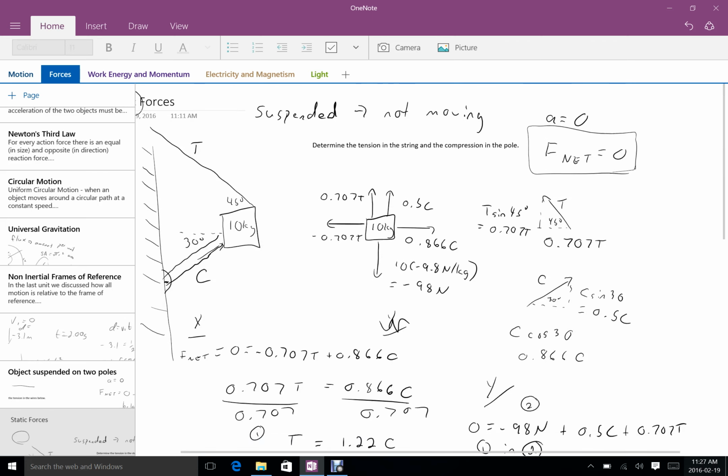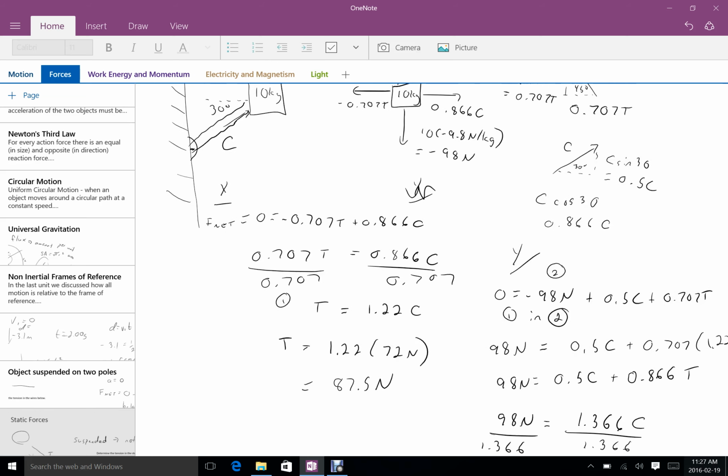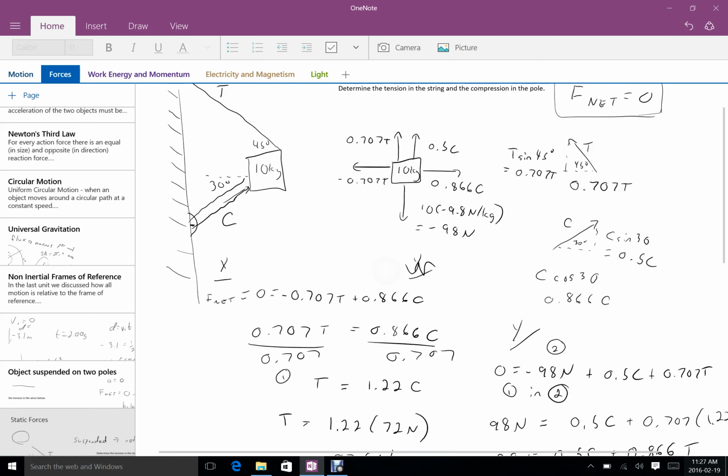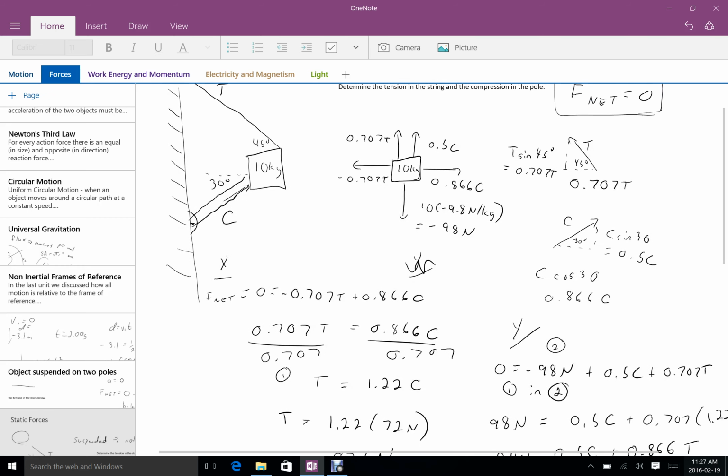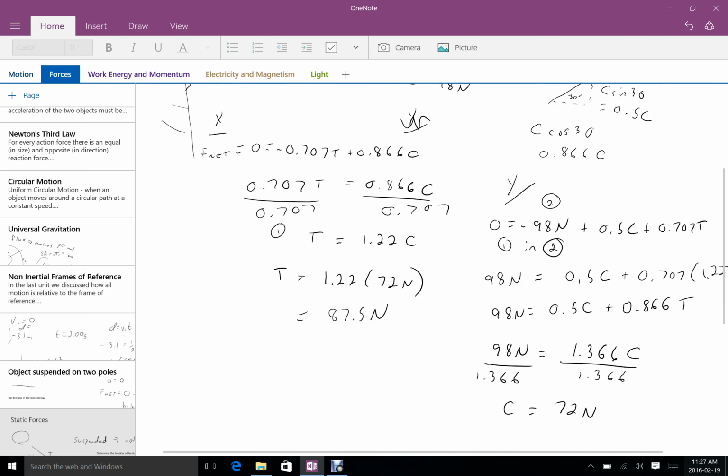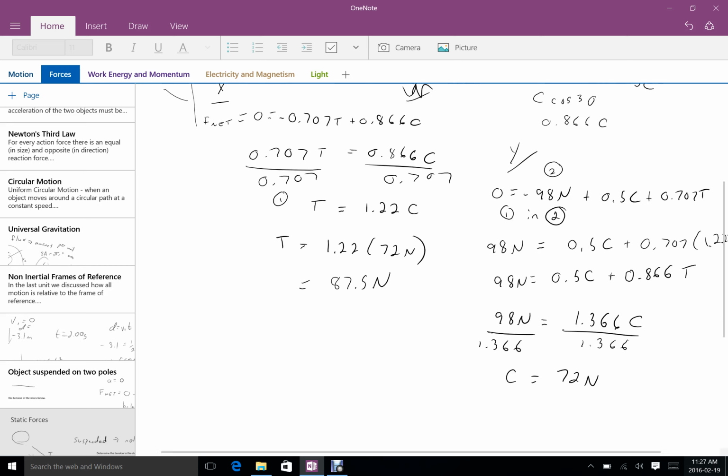So again, in a real-world example, we can imagine what if the string was only able to hold something like 50 newtons or something that is 5 kilograms big. Then this 87 newtons would be too much for it and it might break. So by predicting the tension and the compression, we can see if our materials are appropriate for the building that we're using.